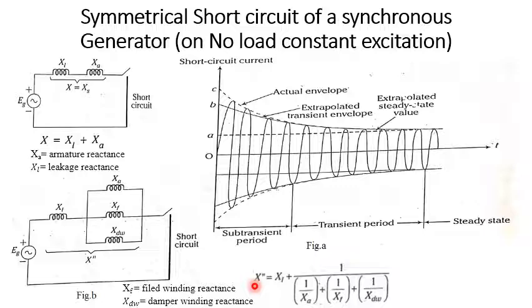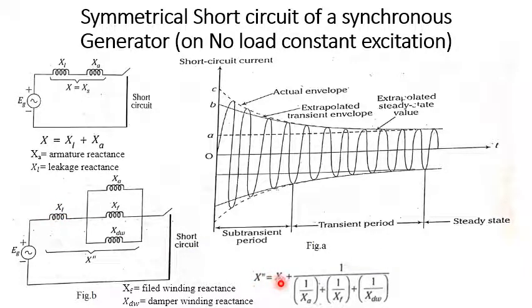denoted by X double dash. This can be represented by reactances in parallel, which you can see here. XA is in parallel with XF and XdW, and in series with XL, which is the leakage reactance.